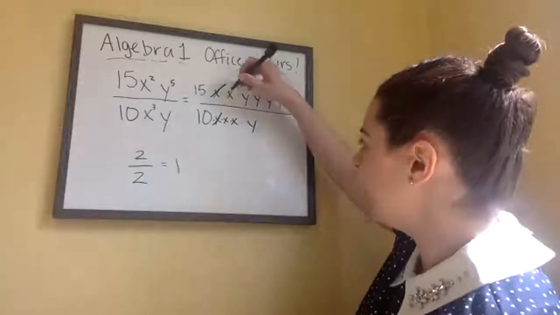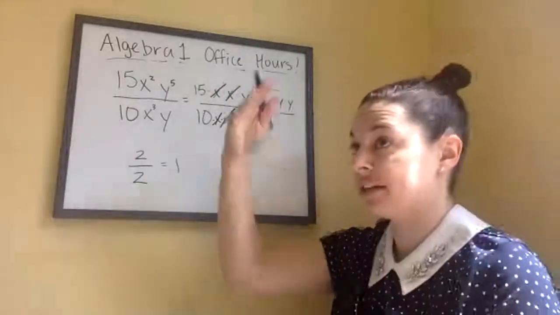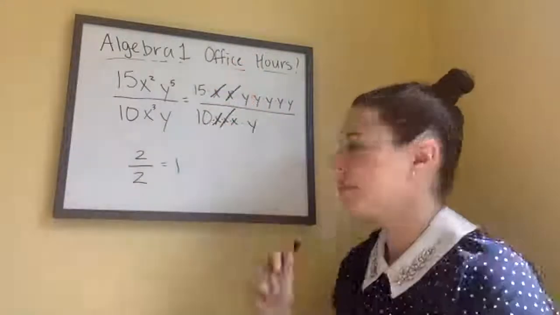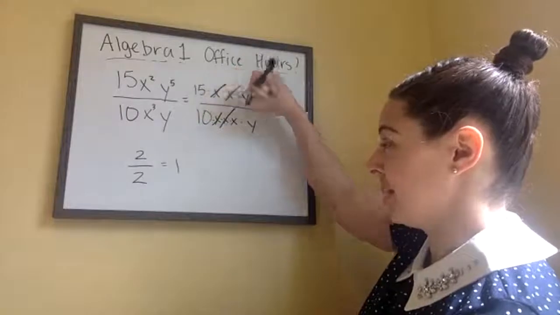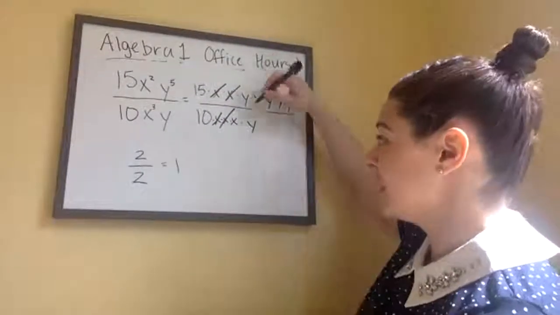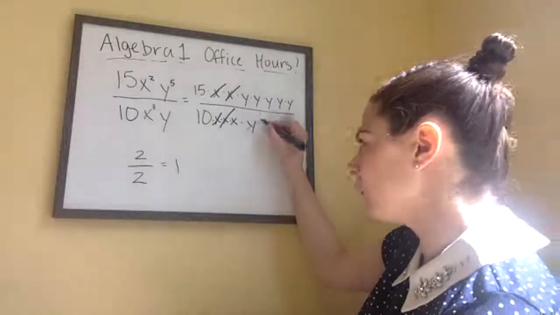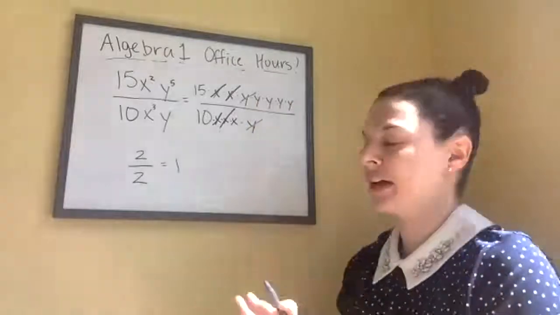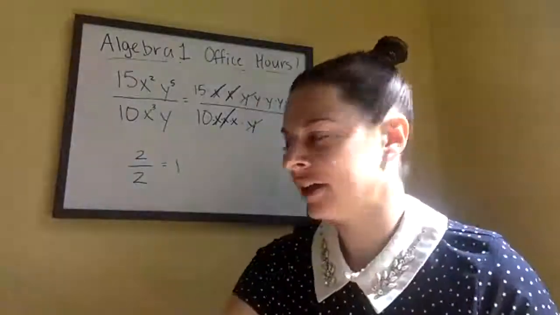Then I can do the same thing with any other x's that cancel out. I think there are only 2 x's that would cancel out on the top and bottom. After that, I can move on to the y's. There's only 1 y on the bottom, so I can only cancel out 1 y on the bottom and on the top, and that's it. Once you get to that point, we can simplify a little bit more.